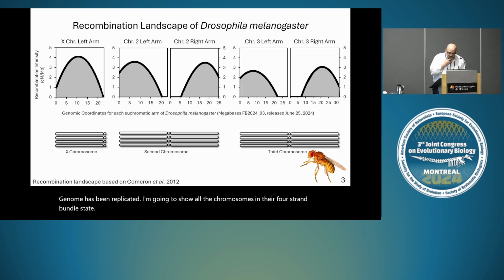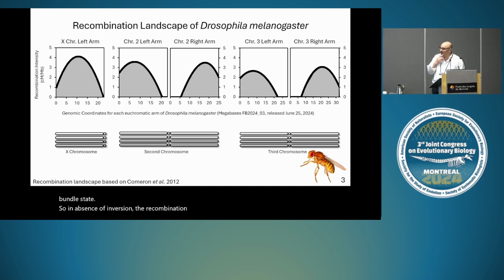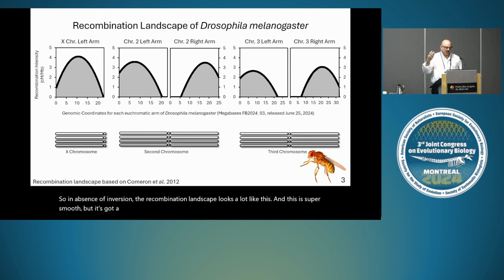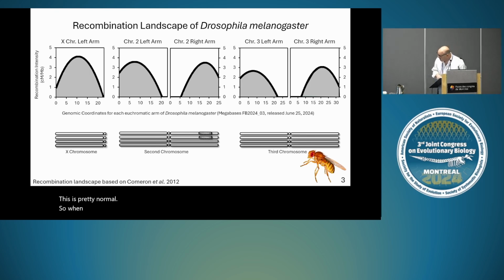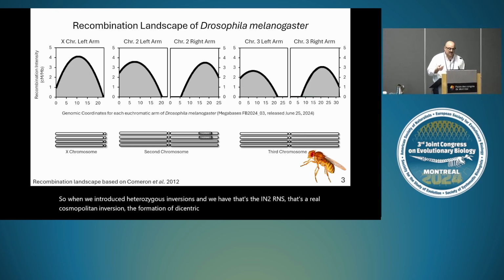So in the absence of an inversion, the recombination landscape looks a lot like this, and this is super smoothed, but it's got a fairly typical mid-arm peak and low recombination near the centromere. This is pretty normal. And when we introduce heterozygous inversions, and that's In(2R)NS, a real cosmopolitan inversion, the formation of dicentric chromosomes acts to suppress recombination, or so we hear.